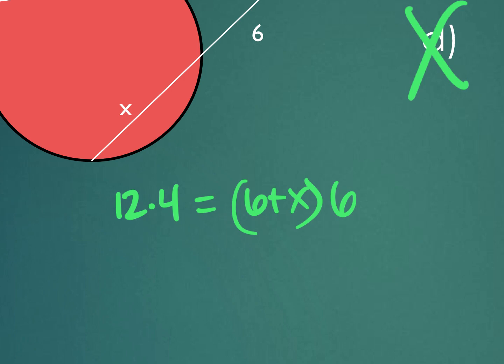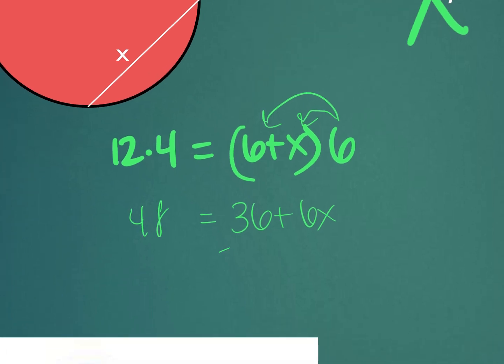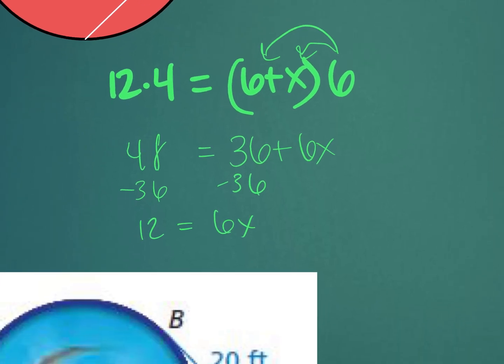What do I do? Andrew. Distribute 6. 36 plus 6x. And then on the other side, you can do 12 times 4, which is 48. Then subtract 36 from both sides, which is 12. Then you divide by 6 and you get x equals 2. X equals 2. That's it.